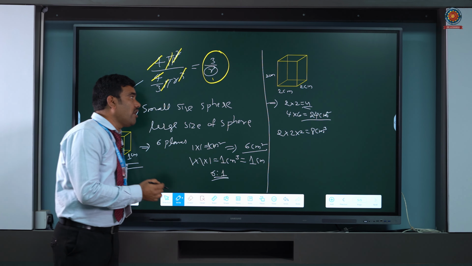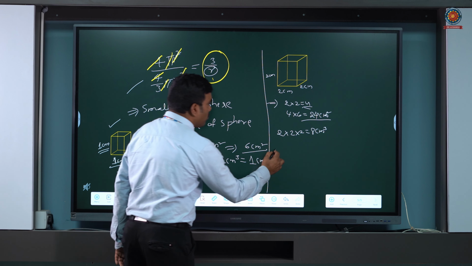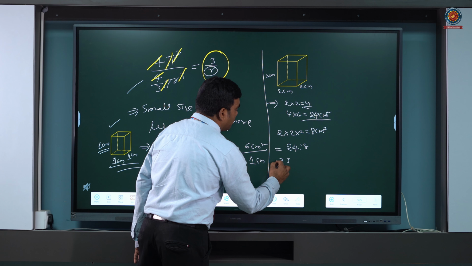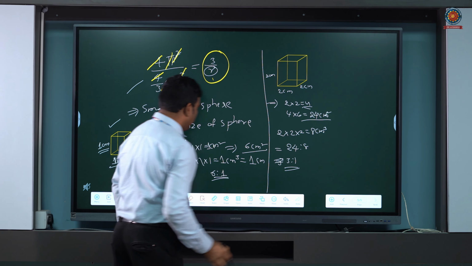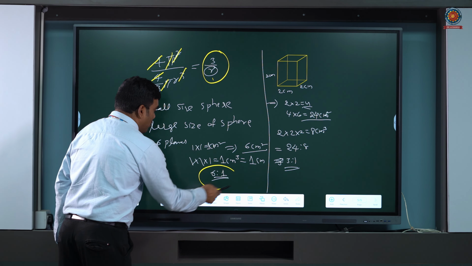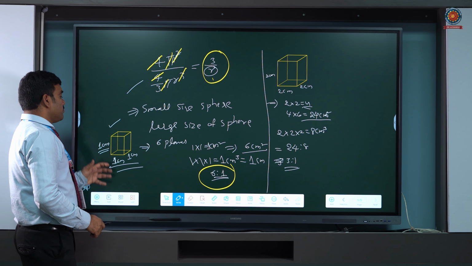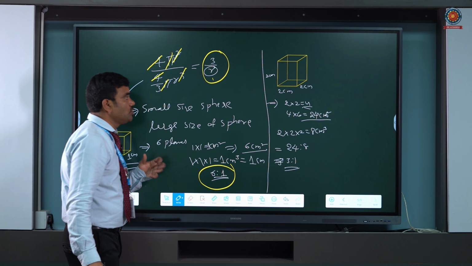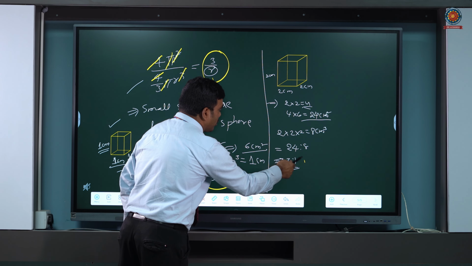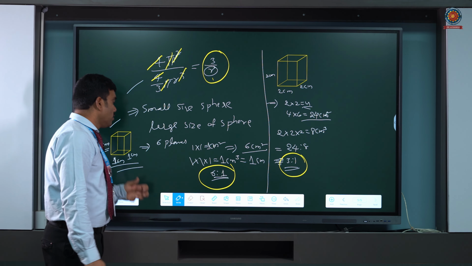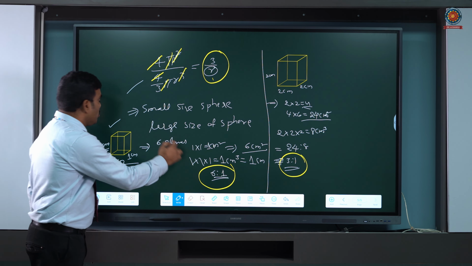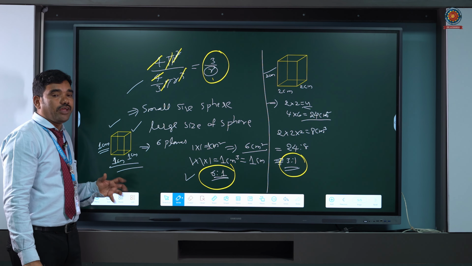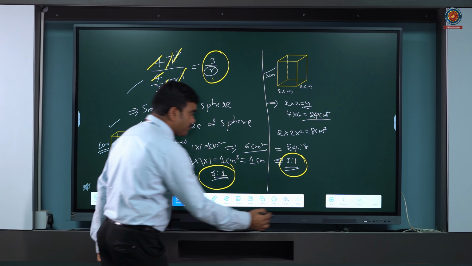So the surface area to volume ratio equals 24 to 8, that means 3 to 1. The small cube has a surface area to volume ratio of 6 to 1, and this one has 3 to 1. So compared to these two cubes, the surface area to volume ratio is much higher for the smaller one.